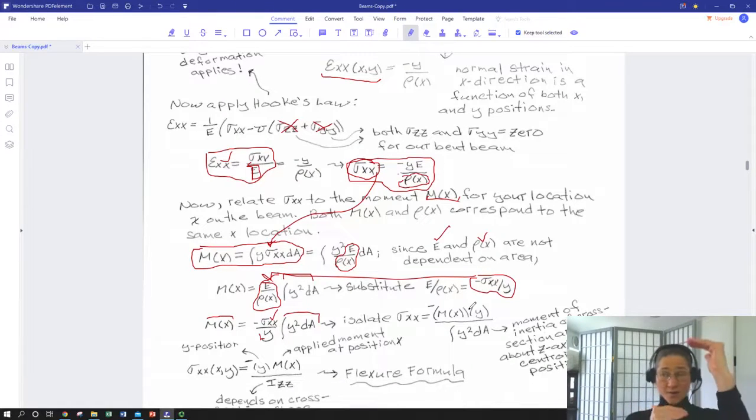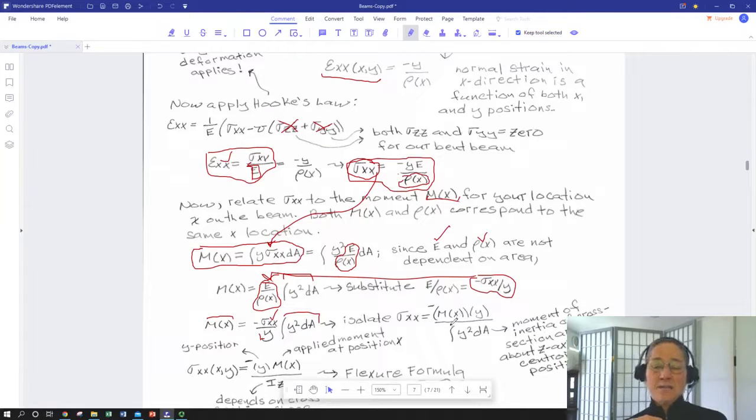So if we're moving towards the center of curvature, it's positive. If we're moving away, it's negative, divided by this integral of y squared dA, which ends up being the moment of inertia of the cross section about the z-axis at the centroid.